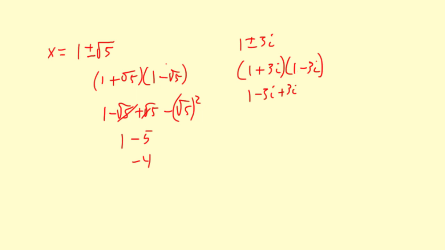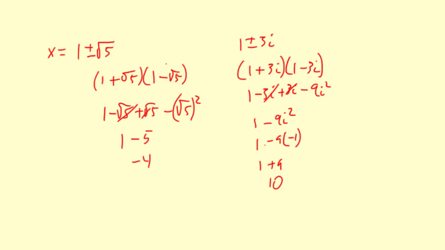And plus 3i times minus 3i is minus 9i squared. Simplify some more. The minus 3i plus 3i, those make 0. And then you're left with 1 minus 9i squared. And we said i squared is negative 1, so it's 1 minus 9 times negative 1, or 1 plus 9, which is 10.